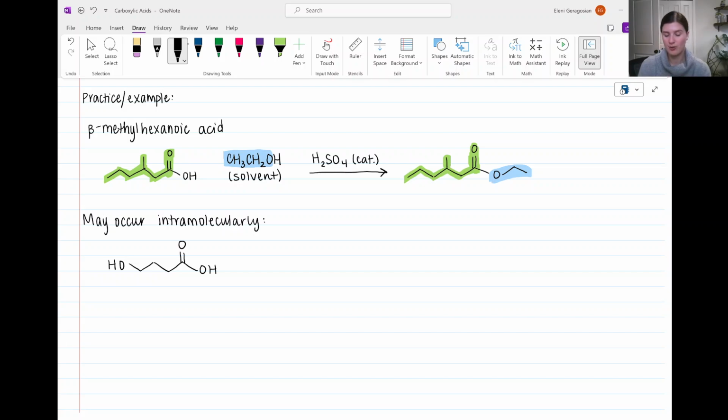So that OH group on the left side of the molecule, that oxygen has non-bonding electrons. And so if we're under acidic conditions, we donate a proton to the carbonyl oxygen. That carbonyl carbon, the carboxylic acid carbon, is activated. It is susceptible to nucleophilic addition.